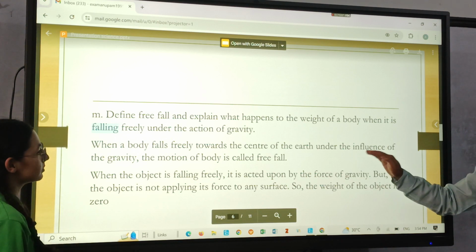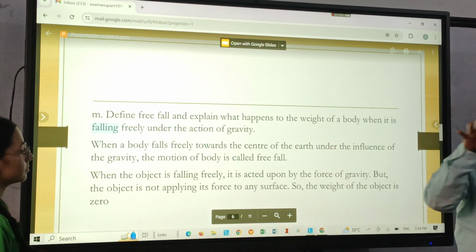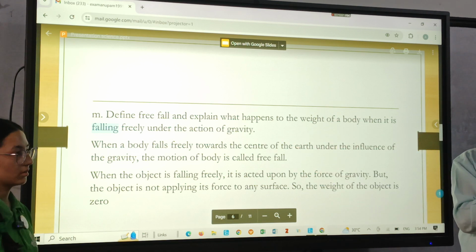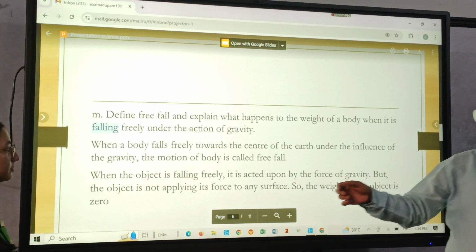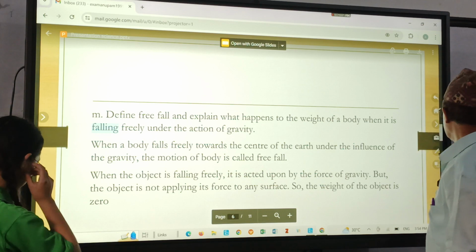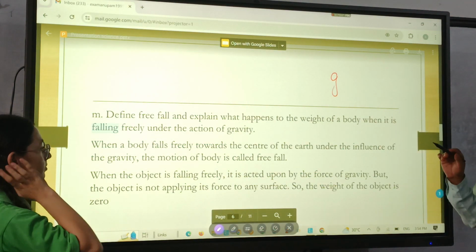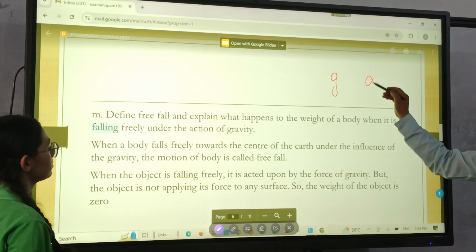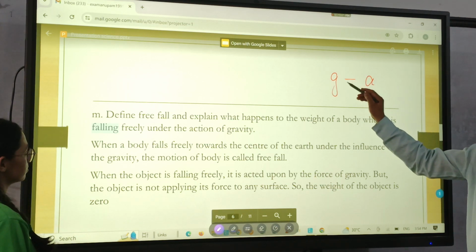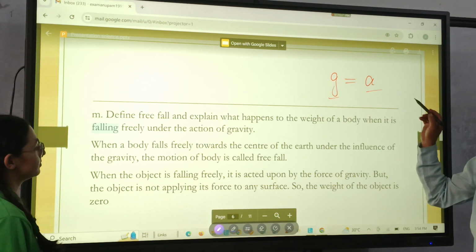And next thing we have to keep in mind is why the weight of a freely falling body is zero. There are two conditions. One thing you have to remember: the Earth pulls it with acceleration due to gravity, and it also has its own acceleration. Their accelerations will be equal, G and a will be equal.